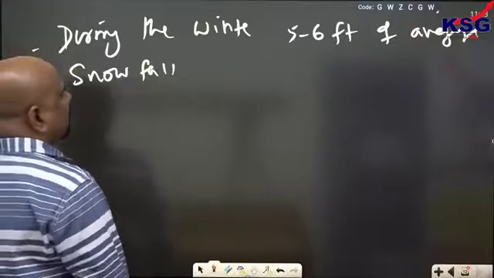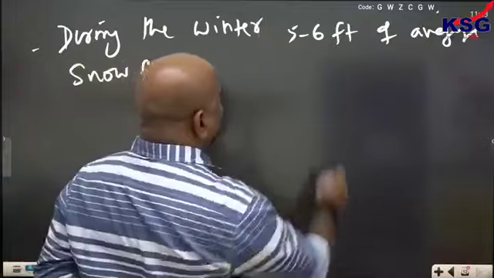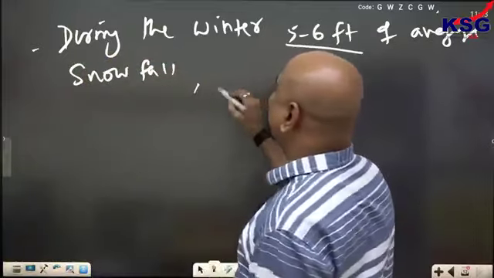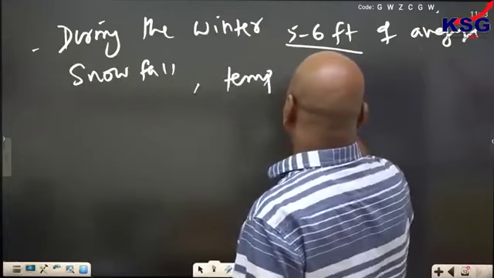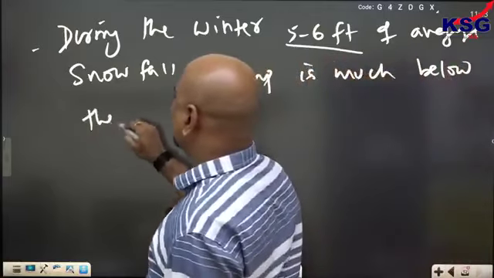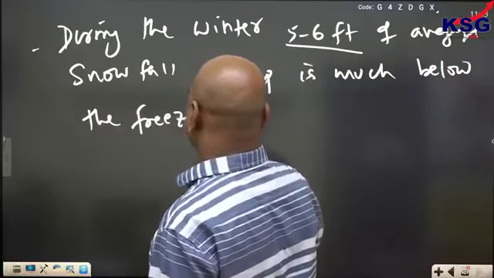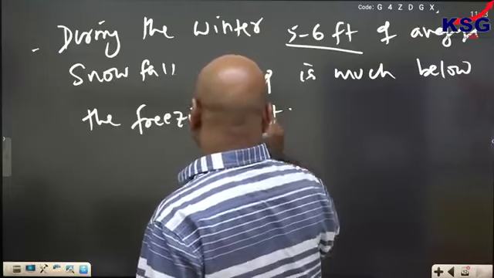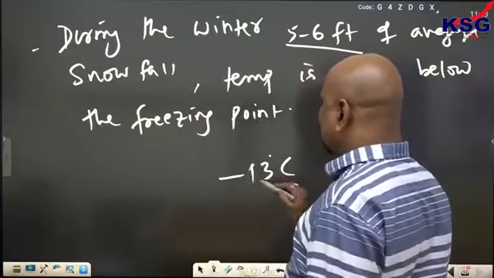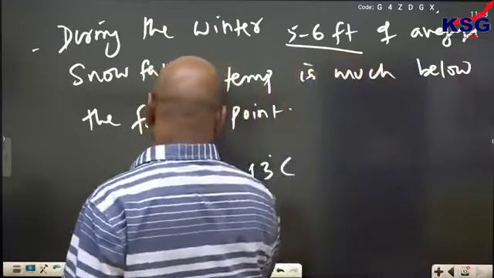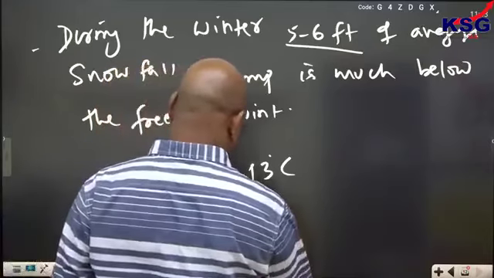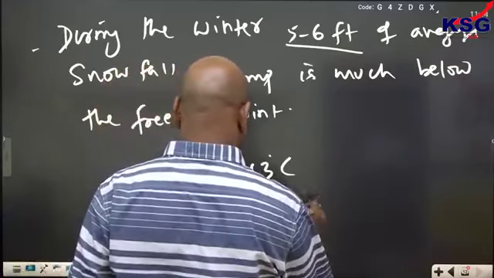During the winter, 5 to 6 feet of average snowfall, and temperature is much below the freezing point. In fact, winter goes down to -13 degrees Celsius, and in summer plus 18 degrees Celsius.